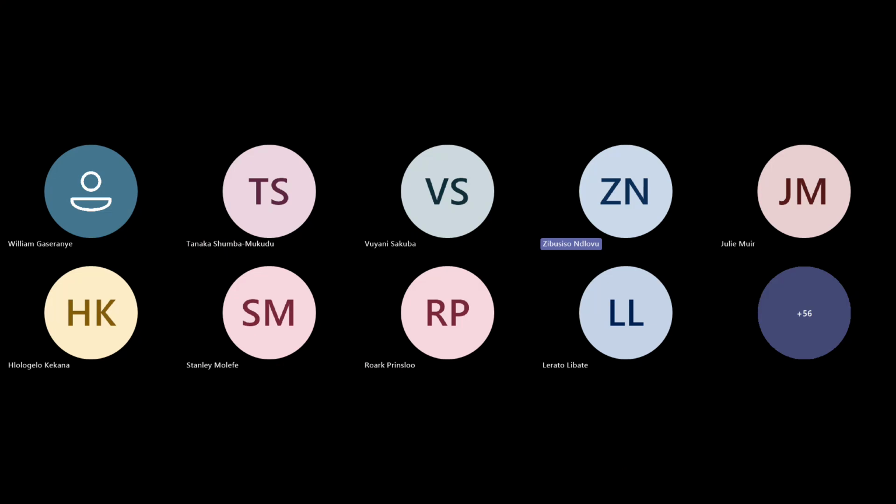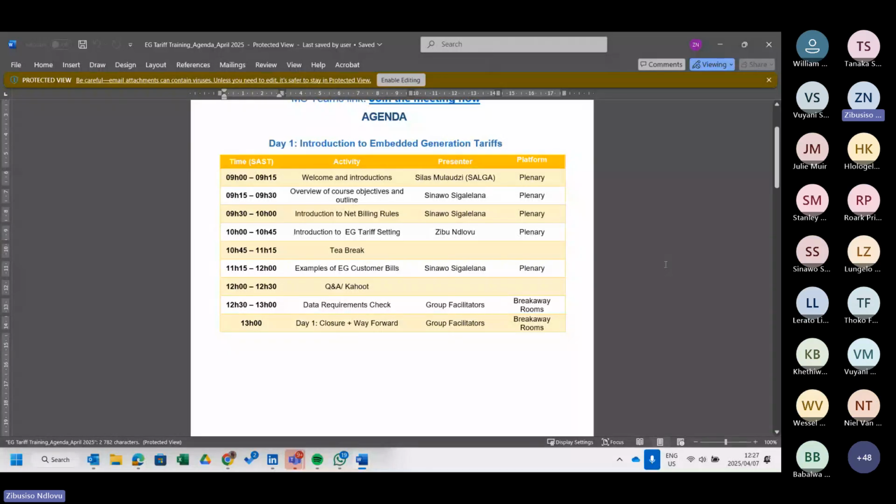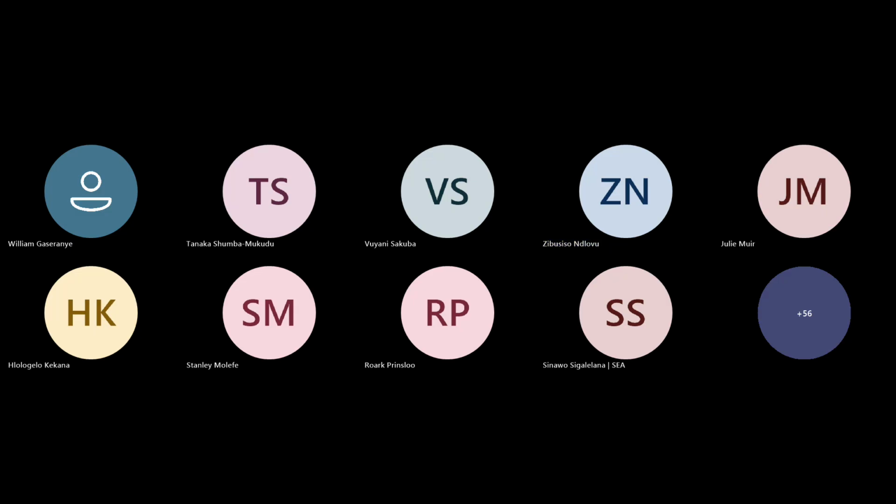Let me quickly share my screen, colleagues. Let me do this. All right, I'm going to share my screen, and maybe let me know if you are able to see it. Teams is not cooperating. No, maybe this is not the screen I wanted to share.